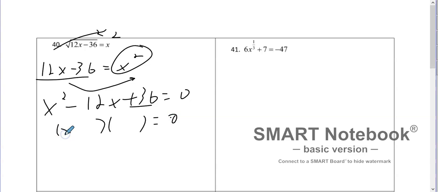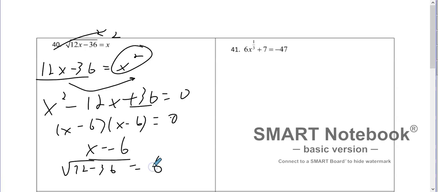So that's going to be minus 6, minus 6. So that leaves me with one answer, 6. It's the same thing. So if I plug that back in real quickly, 12 times 6 is 72 minus 36 equals 6. Well, 72 minus 36 is 36. The square root is 6. Check. Good answer.